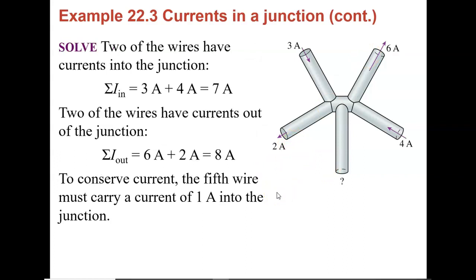Coming in so far, we have a 3 amp current and a 4 amp current, so 7 amps coming in. Going out, we have a 6 amp and a 2 amp current, so 8 amps going out. To conserve current, the fifth wire has to have a 1 amp current going in. So 1 plus 3 plus 4 is 8, and then you have 8 in and 8 out, so your current balance is equal.